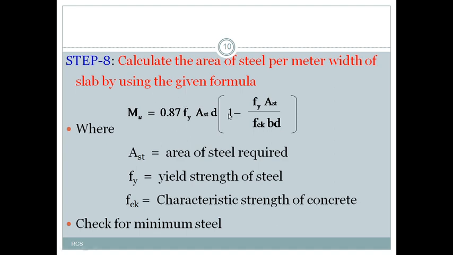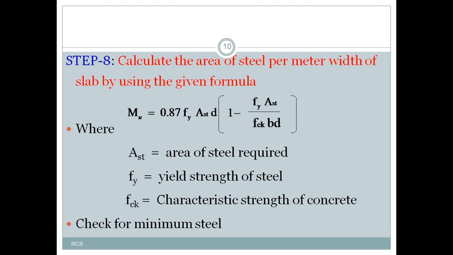We have to check whether this obtained Ast fulfils the criteria given in IS 456-2000 for the design of a slab. If the minimum steel is less than the obtained steel, then we go ahead; or if the minimum steel is more than the obtained steel, then we have to provide minimum steel reinforcement in the slab and go for the further steps.